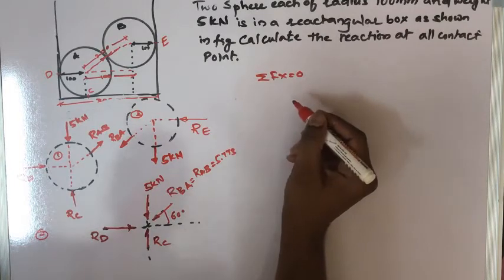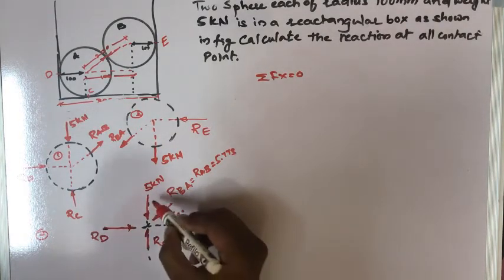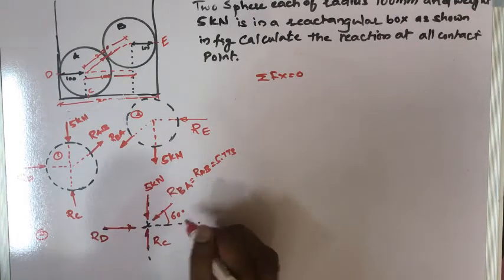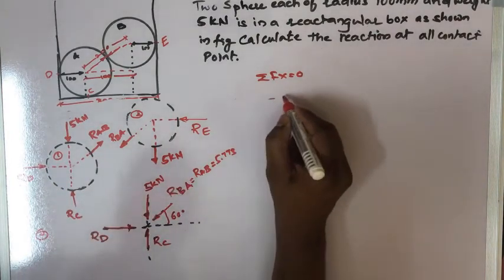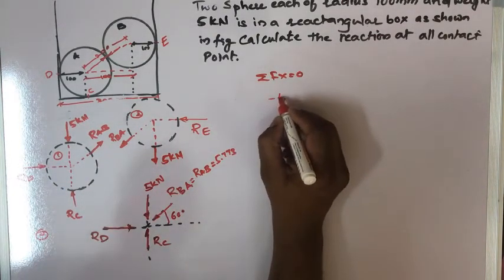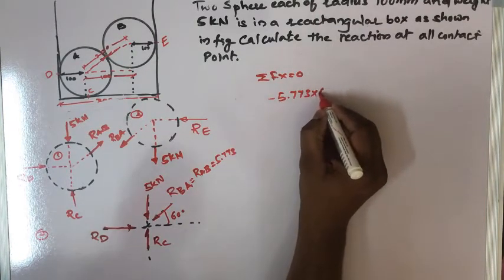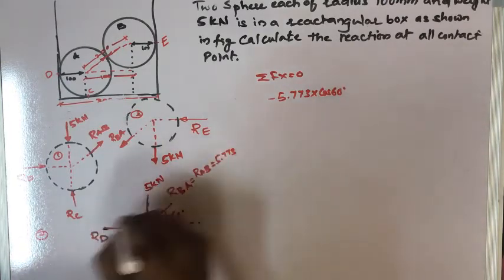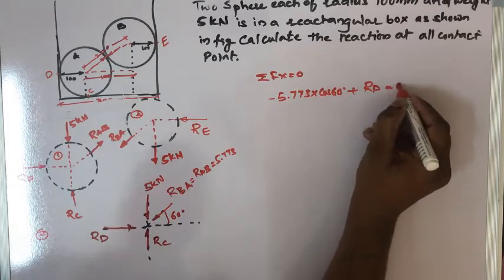I have to resolve the force into x and y components. The x component will be RBA cos 60 degrees, which is moving left, so minus 5.773 into cos 60 degrees. Then RD, which is moving right, so plus RD equals 0.